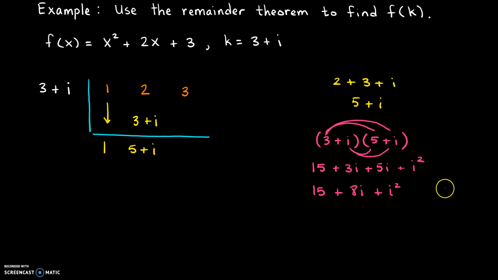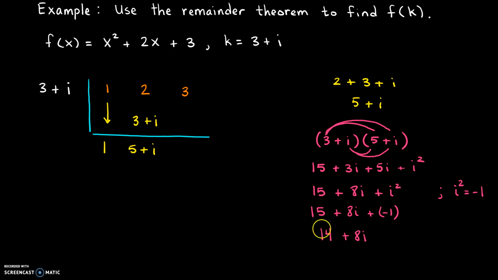So I'm going to replace the i squared with a negative 1, which allows me to combine 15 with this negative 1. So 15 minus 1 is 14 plus 8i.